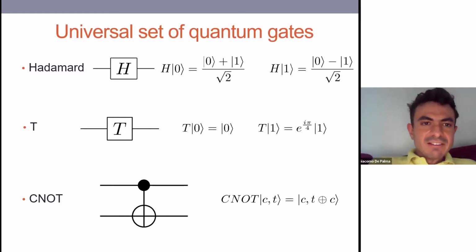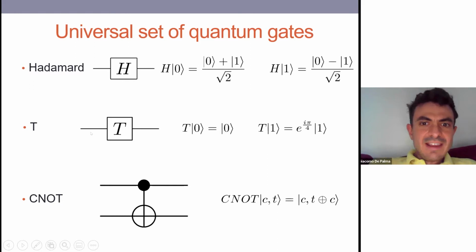Okay, so here are the gates that I mentioned. Probably most of you are already familiar with them. The Hadamard gate sends the 0, 1 basis into the plus minus basis. So 0 is sent to 0 plus 1 over root 2, and 1 is sent to 0 minus 1 over root 2.